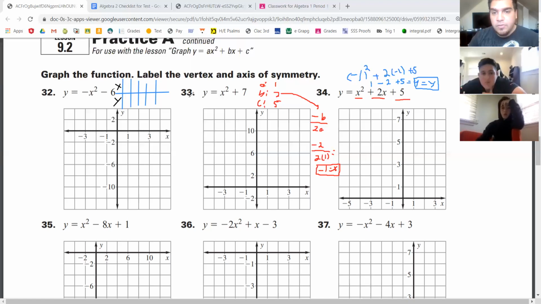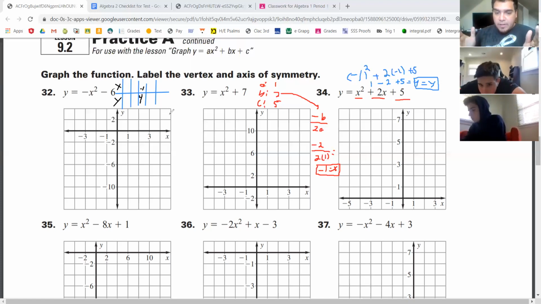And now we're going to do our numbers. So our x comma y for our vertex is -1 comma 4.